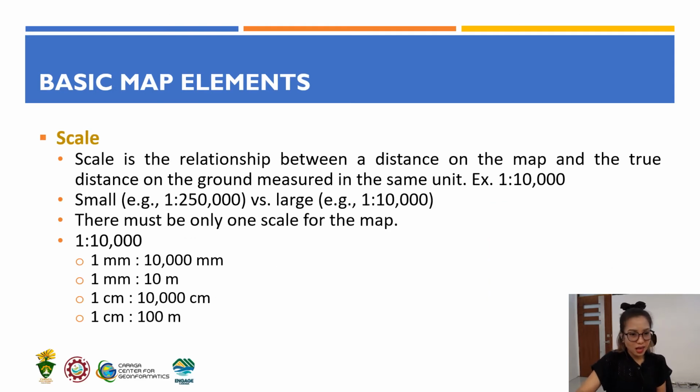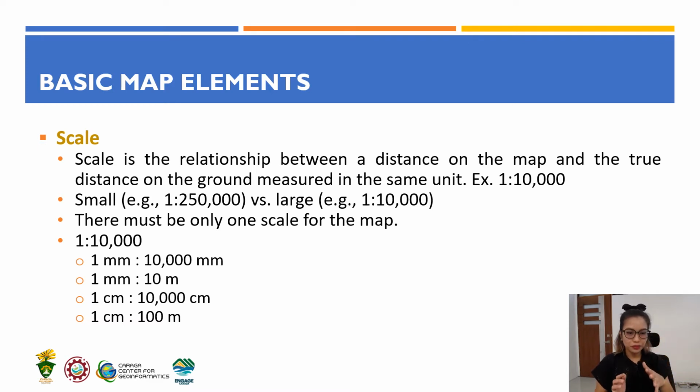And then the scale. The scale is a relationship between a distance on the map and the true distance on the ground. So when you say 1 is to 10, for example, 1 is to 10,000. So small versus large, pwede ana. There must be only one scale for the map. In one map, isa lang na siya ka scale. Okay?